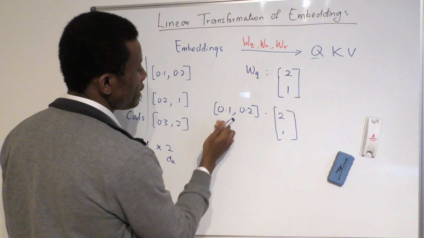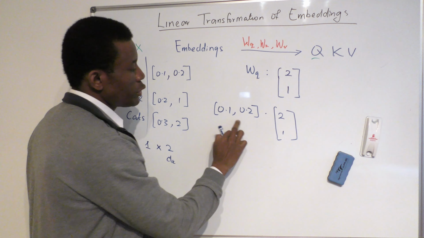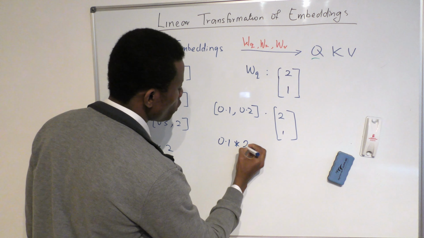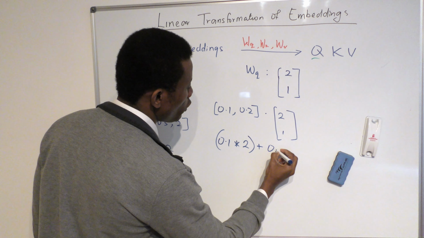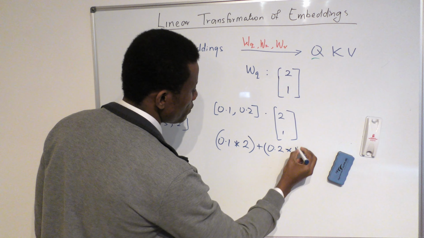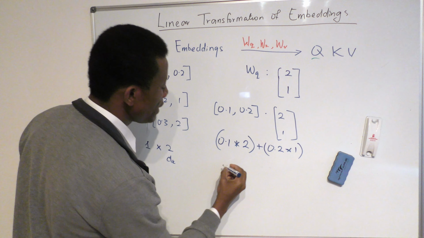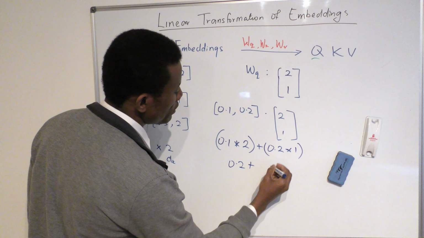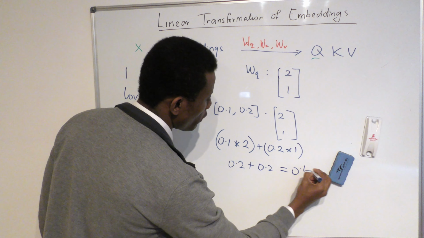We are going to have 0.1 times 2 plus 0.2 times 1, which gives us 0.2 plus 0.2, which gives us 0.4.